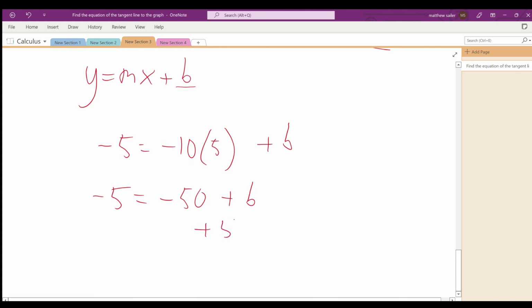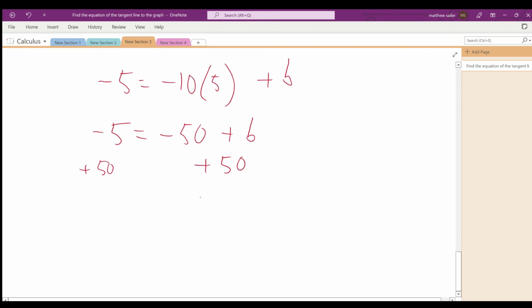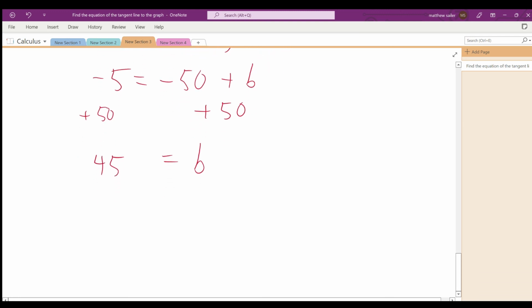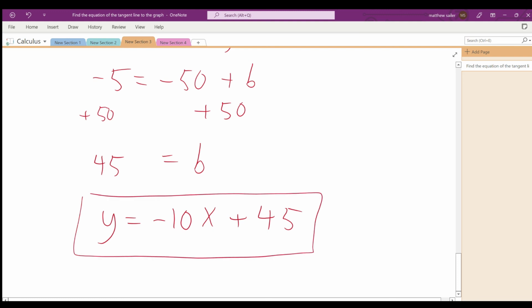Now we can add 50 to each side, and we get b is equal to 45. So our equation of the line tangent to our original function at x equals 5 is y equals negative 10x plus 45. And that is the word problem.